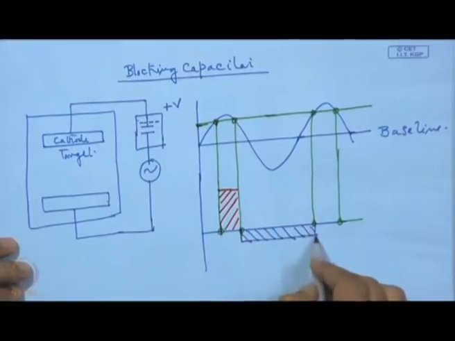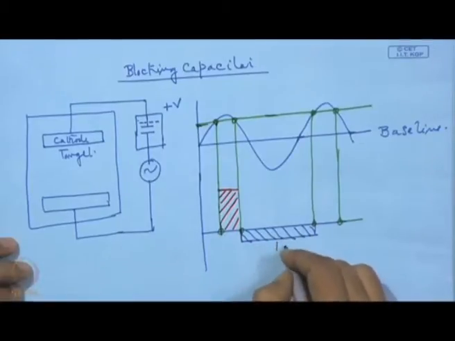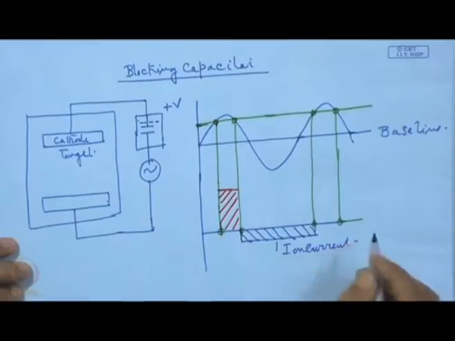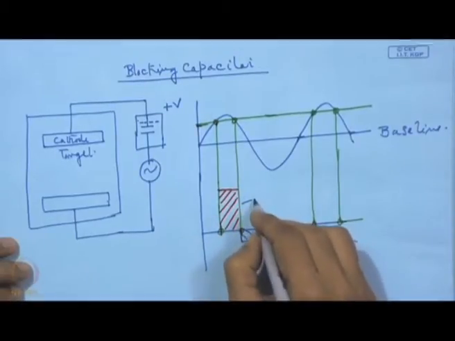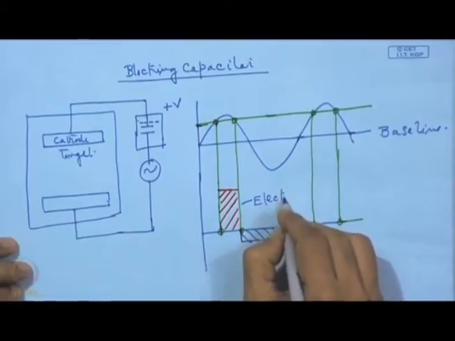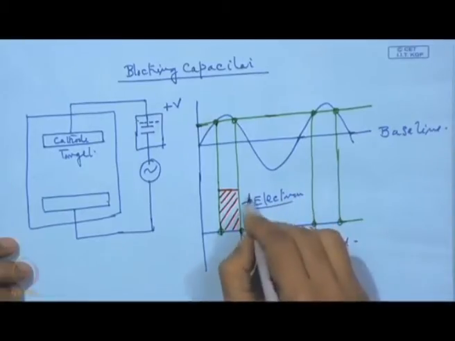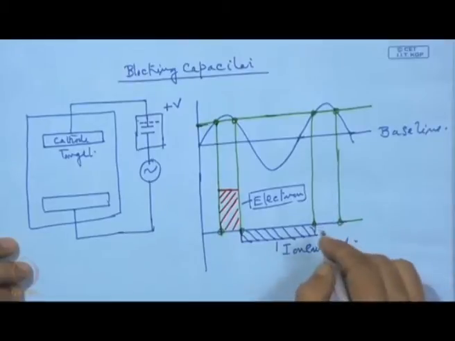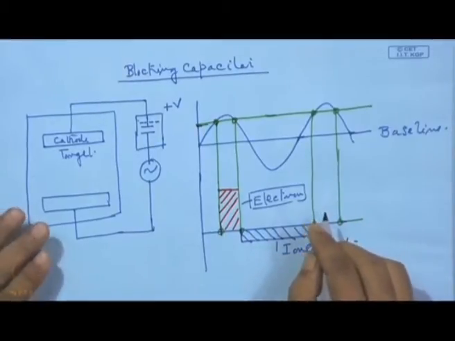That means this is on the negative side, which is ion current, and this is also electron current, and numerically this area and this area must be the same.